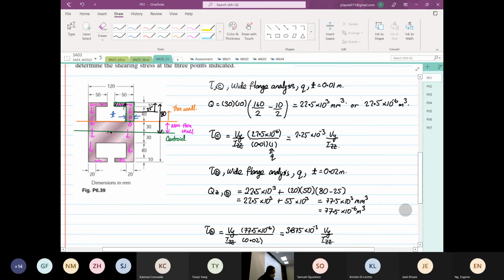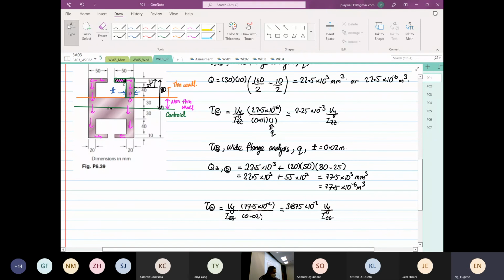So the coefficient for point B is higher than 2.24 at point C. There is one more area that we need to check, which is point A, right?